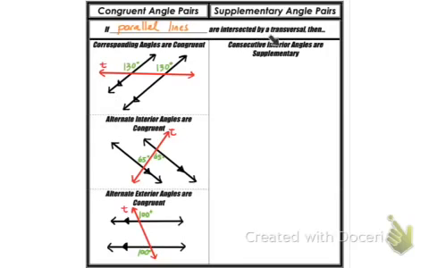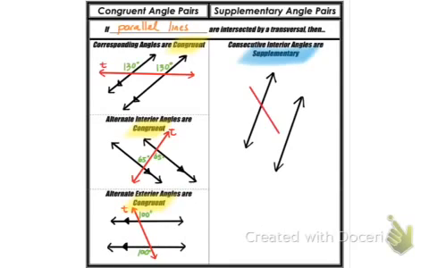Now for consecutive interior angles, those two angles would be supplementary, or add up to 180 degrees. So drawing two lines cut by a transversal, we should probably draw our two arrowheads so we know that they are actually parallel.